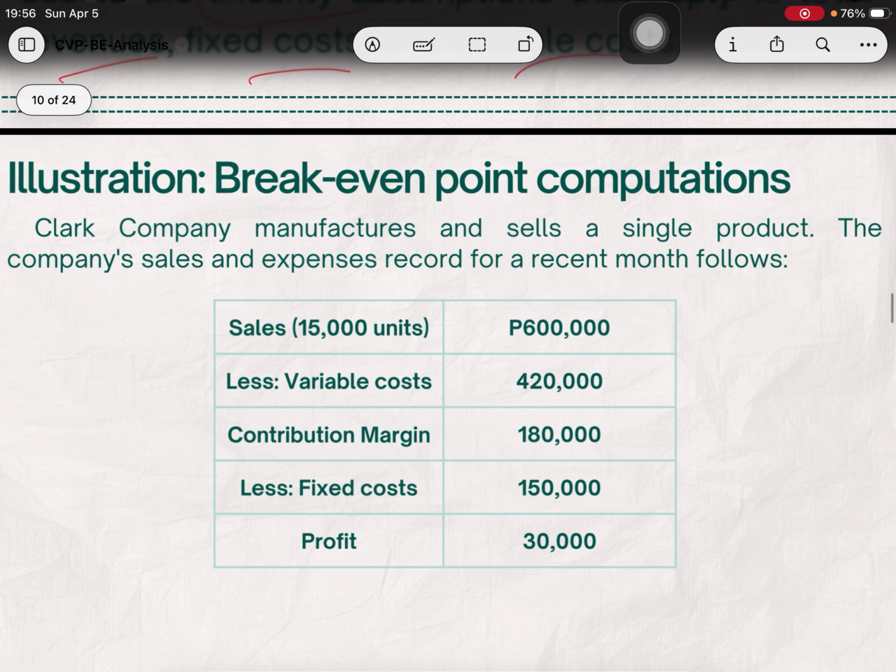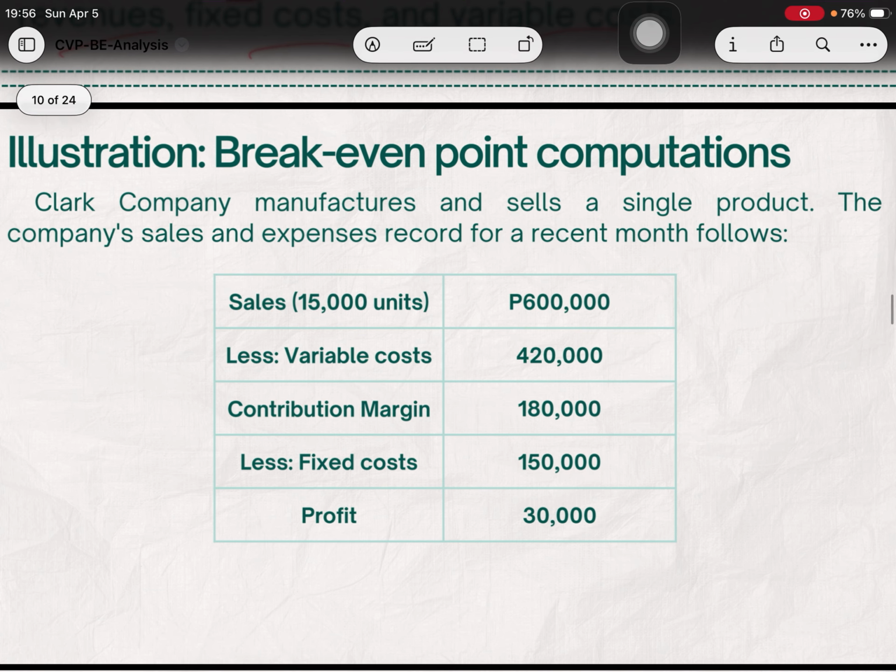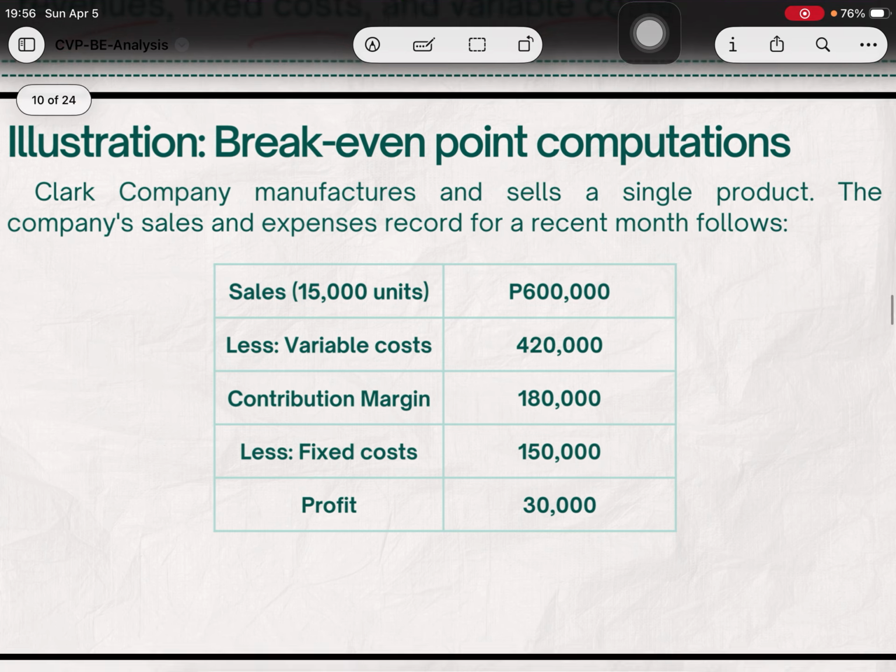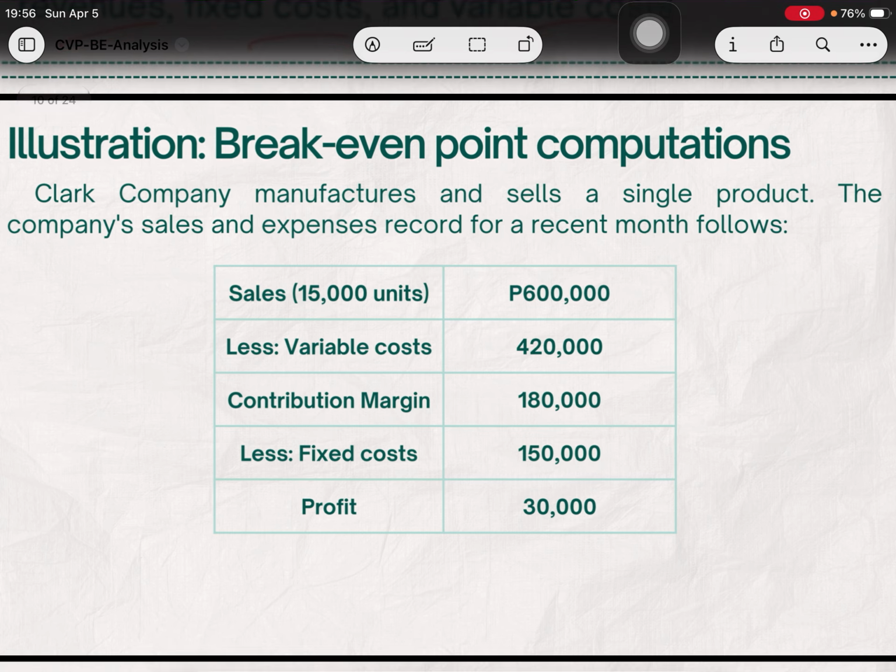Okay, so recall lang natin, ito yung bagong format ng ating income statement. So, we have sales, we have variable costs, then the difference of sales and variable cost is called contribution margin, and then the fixed cost, then after deducting fixed cost from the contribution margin, what you get is the profit.